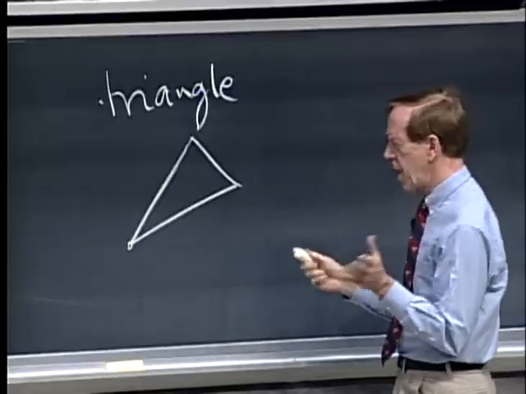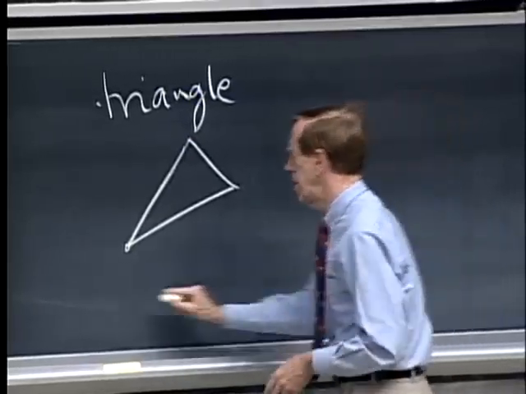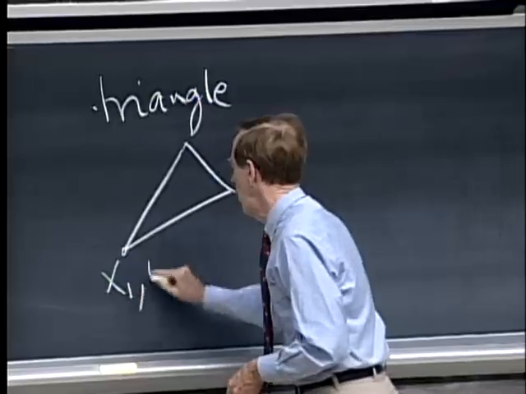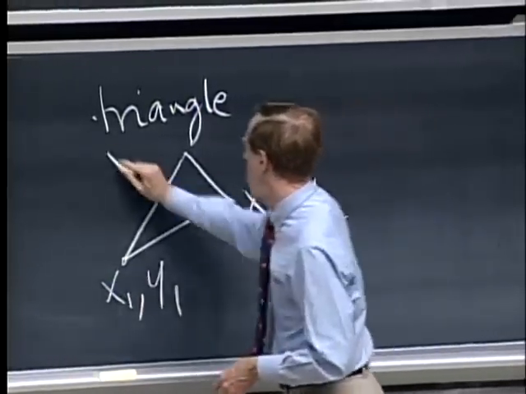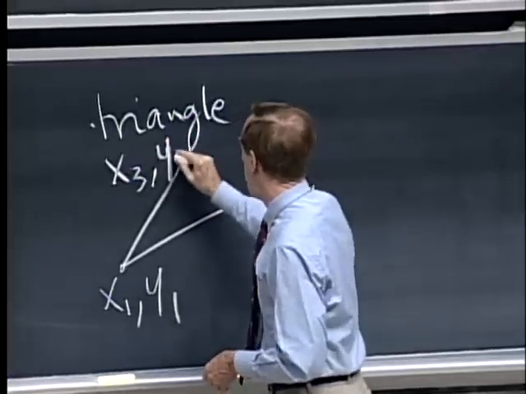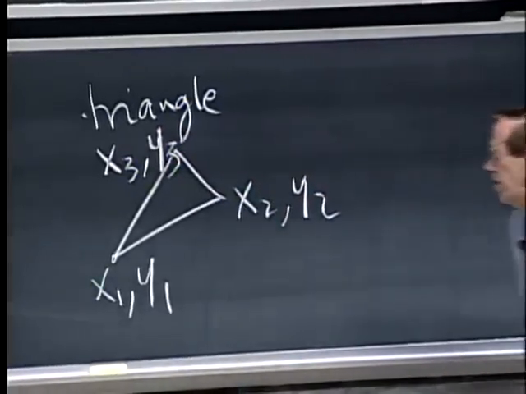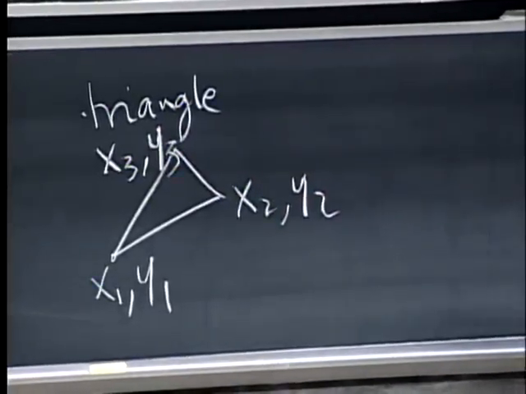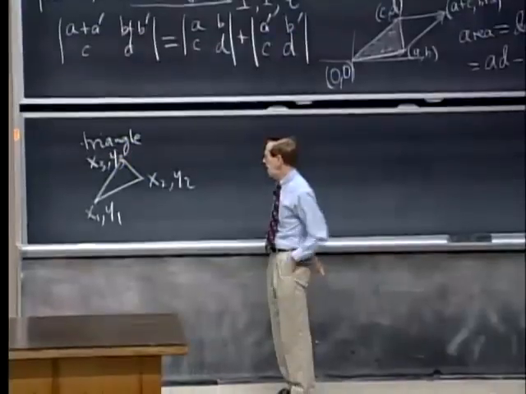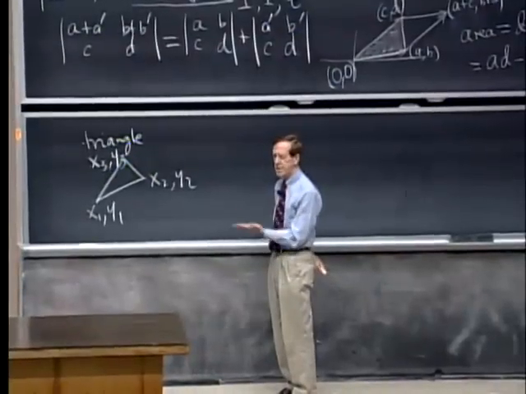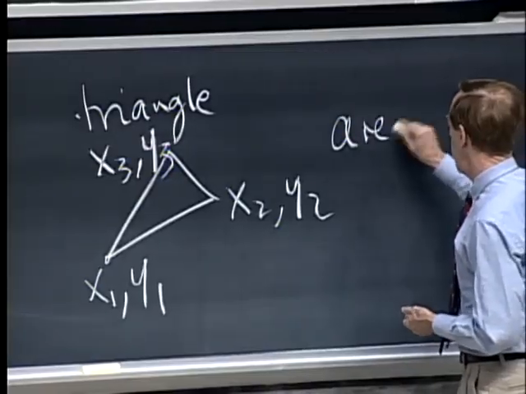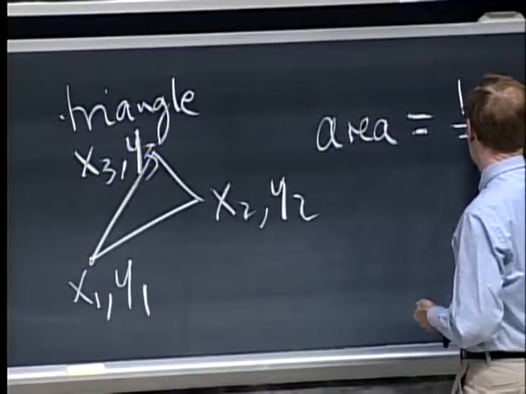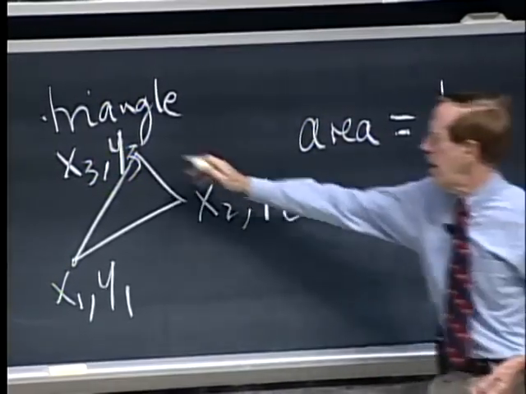With triangles, I'm just in 2 dimensions, but I'm going to allow you to give me any 3 corners. And those 6 numbers must determine the area. And what's the formula? The area is going to be that half of a parallelogram.